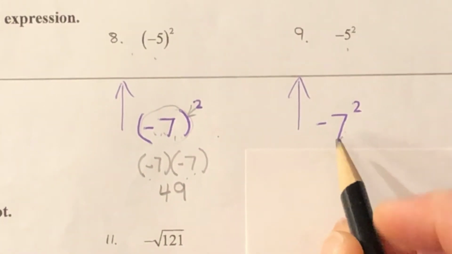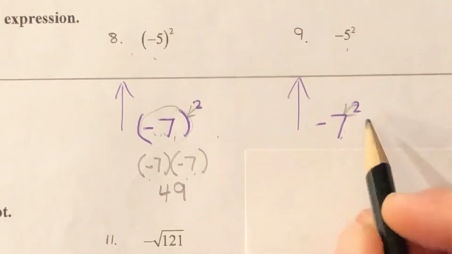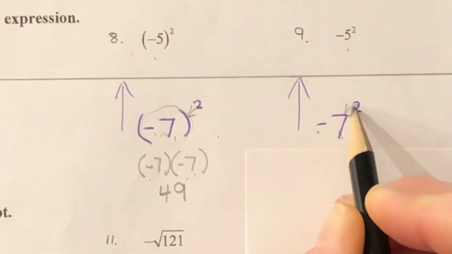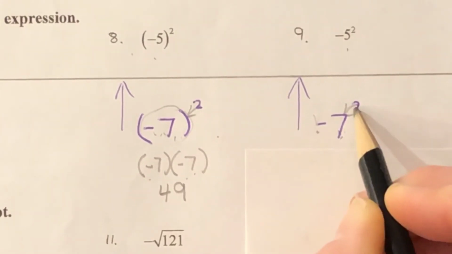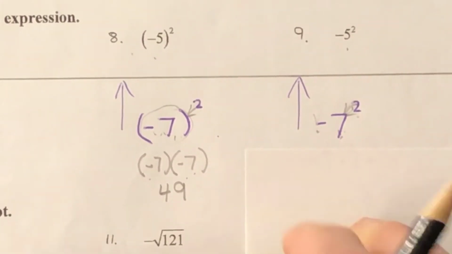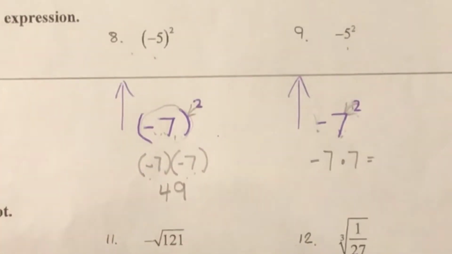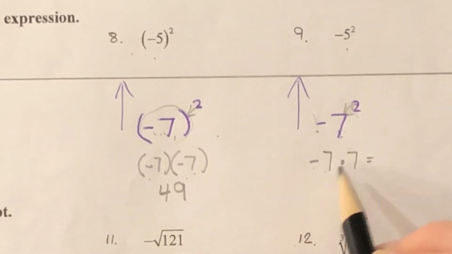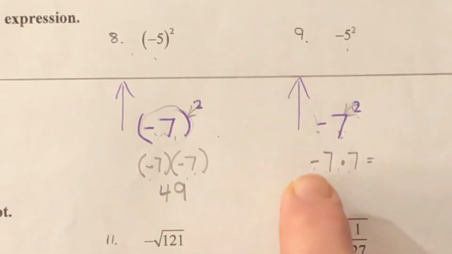This one right here, that 2, that square is only the 7. It doesn't apply to the negative. It only applies to the 7. So you end up with the negative by itself. You only have it 1 time, and then you have 7 times 7. You're squaring the 7, you're not squaring the negative.